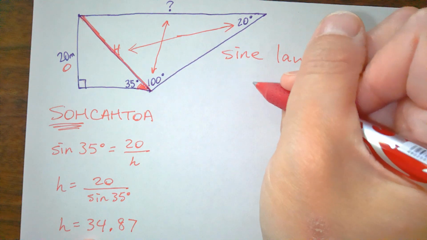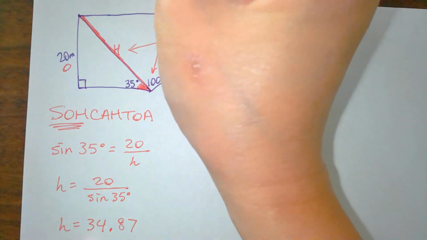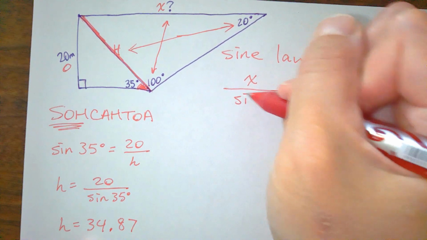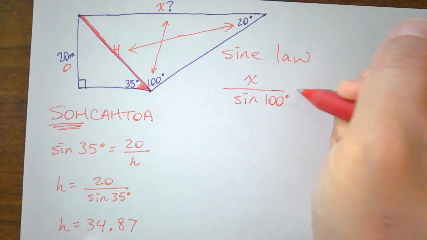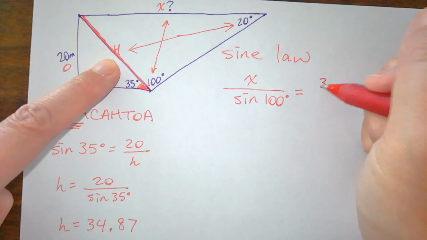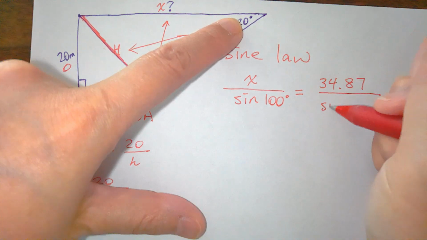Let's call this x. So x over sine 100 degrees equals the length of this, which is 34.87, over sine 20 degrees.